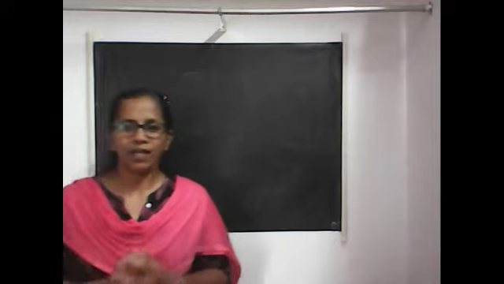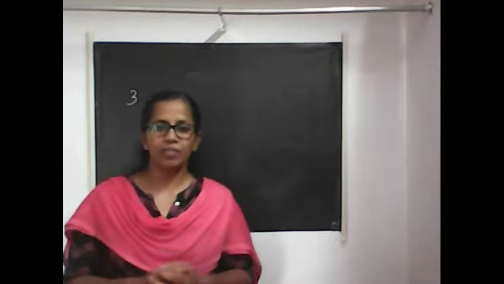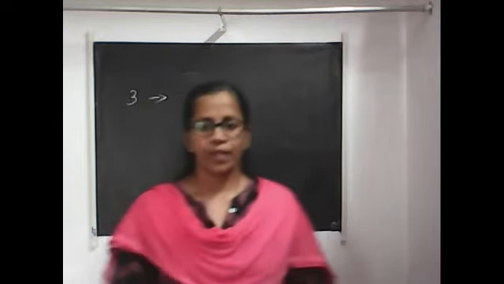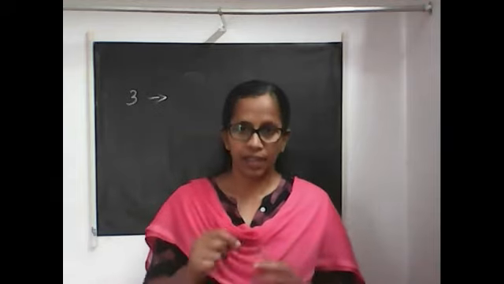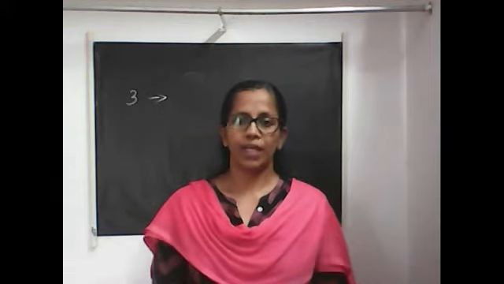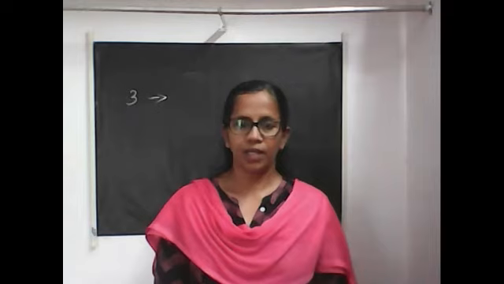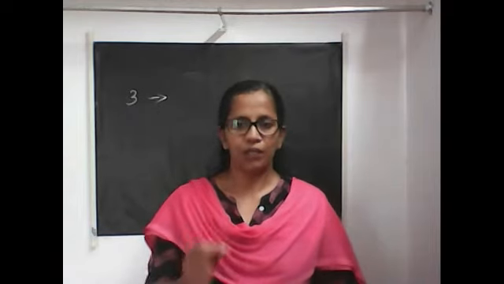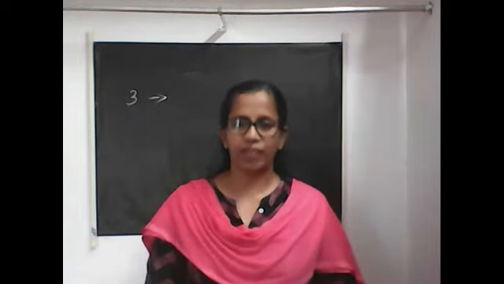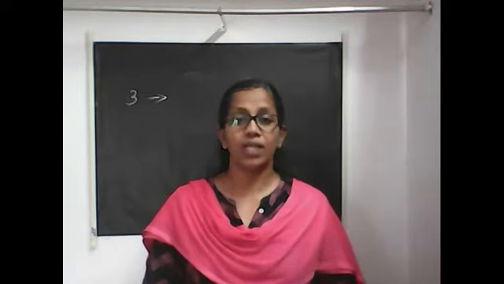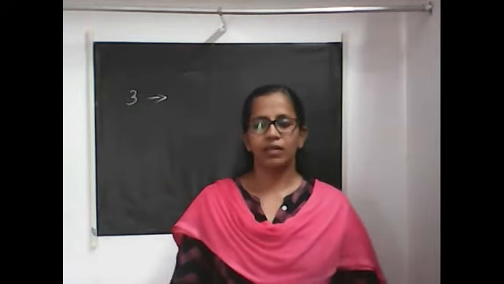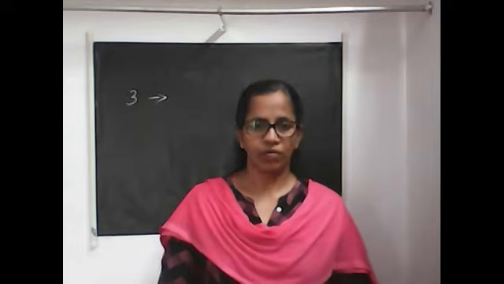See, the condition given is that in order to be divisible by 3, you have to add the digits of the given number. Then you will get a sum. If the sum is divisible by 3, that is, you can check whether it is in 3's table, then the given number will be divisible by 3.